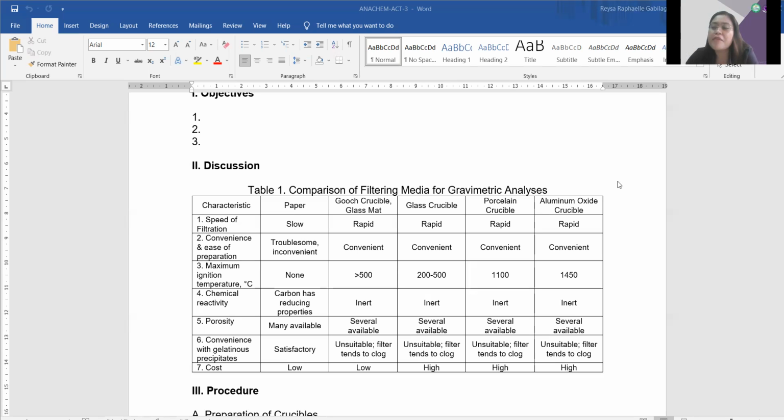Okay, and aside from that, most of our crucibles are expensive, except for Gooch crucible, though, na kagaya ng filter paper, it's also inexpensive.